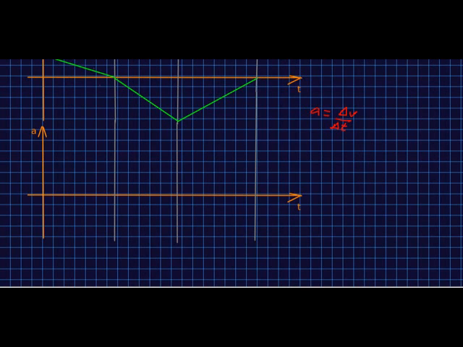And so if we just read slopes off, we can see we have a negative slope here, then we have a more negative slope, and then we have a positive slope. And there we go.